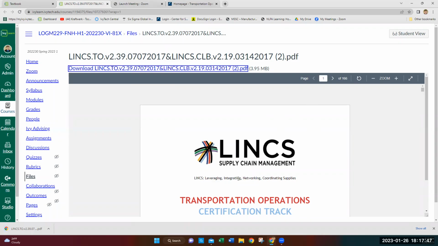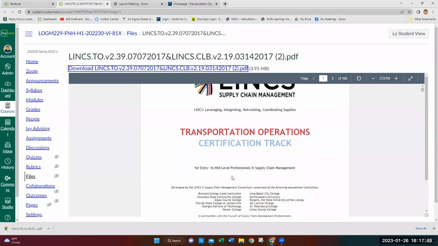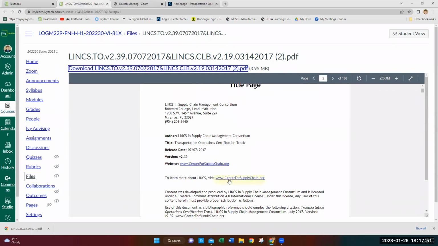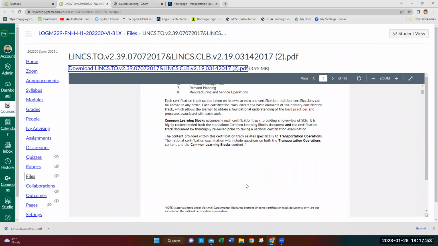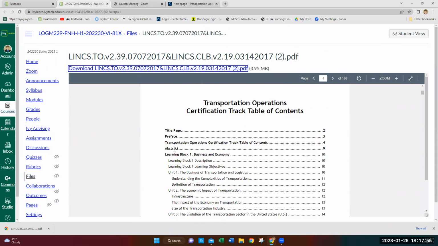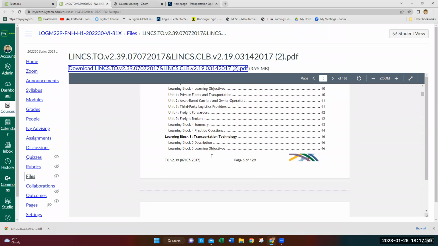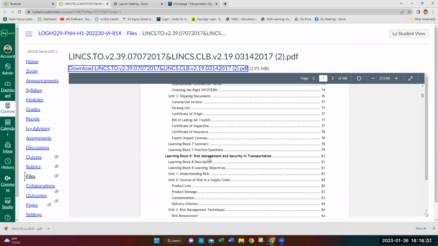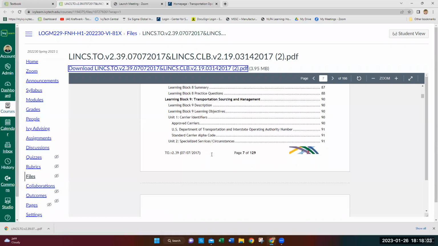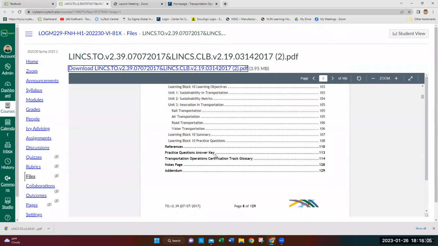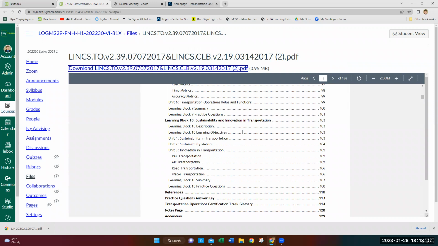This has the transportation portion, and it also has the 8 common chapters that we want to be going through today. Let's see if we look at the learning blocks, and then the common, I think, are after the learning blocks. There's 8, 9, 10, and then it's got a summary and some practice questions.